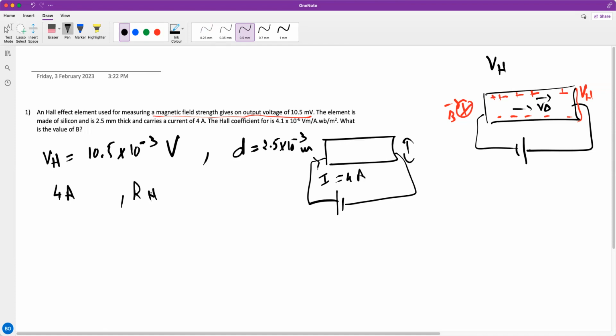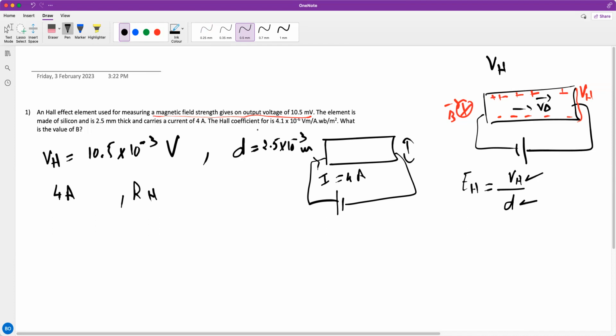Let's look at the formulas that we have. The Hall electric field is equal to the potential difference divided by the distance. We have this, and what do we want?